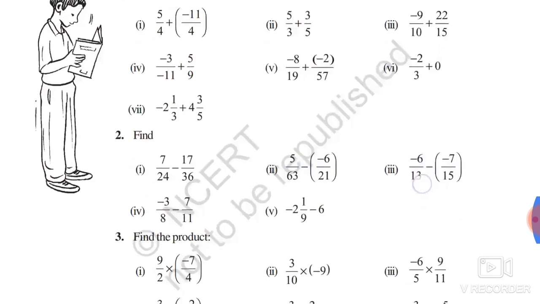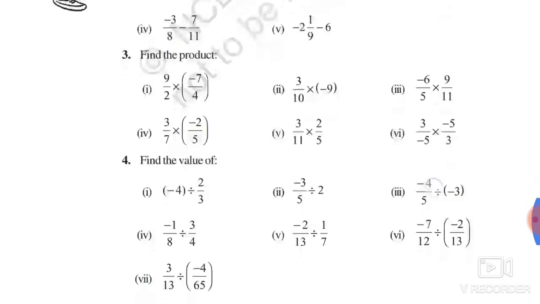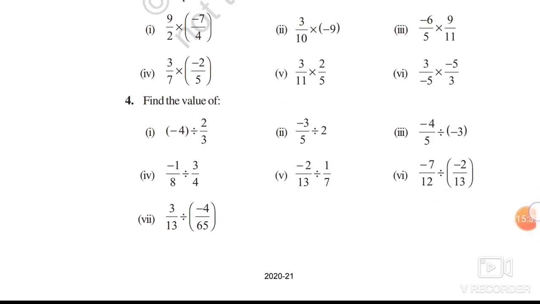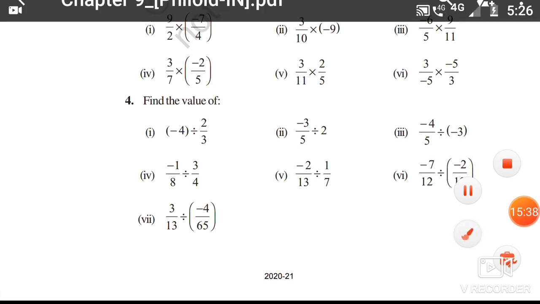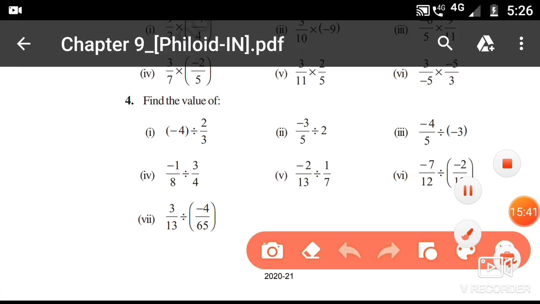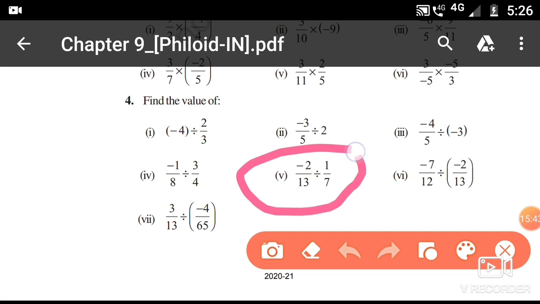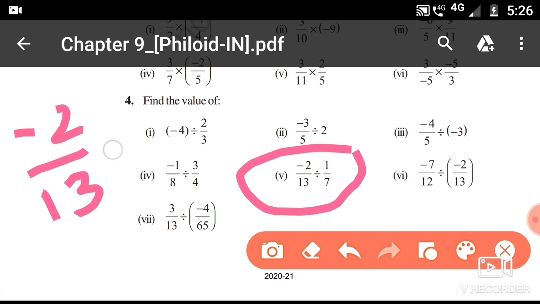We write the reciprocal of 1 upon 7, so we can write 7 upon 1. Then you can multiply. 2 sevens are 14, so we get minus 14 upon 1 into 13, which is 13. Minus 14 upon 13 is the answer we get.